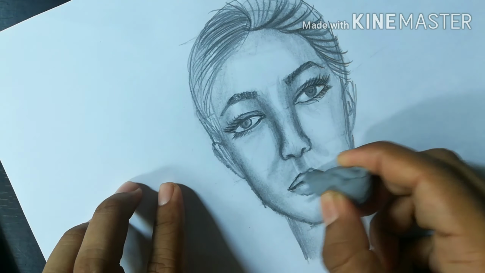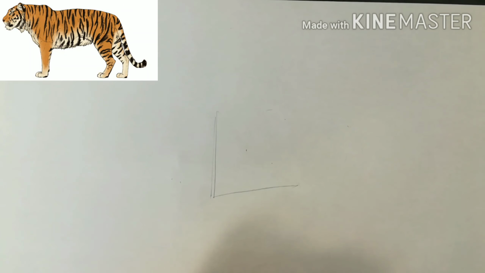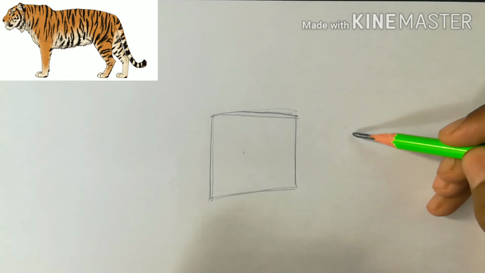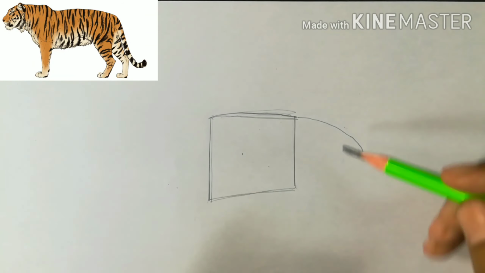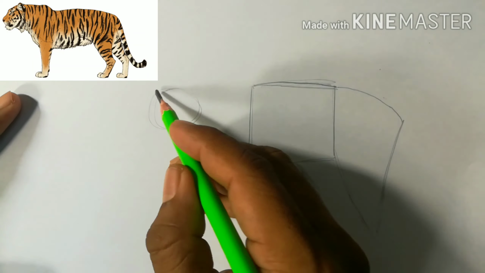And here comes the final example where I am going to draw it directly without dividing the reference picture into its simpler shapes.